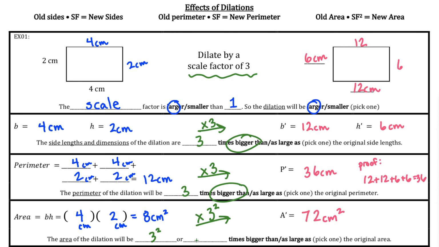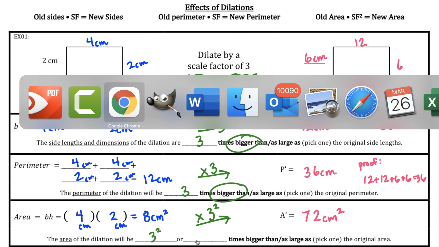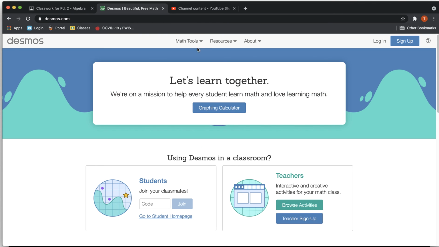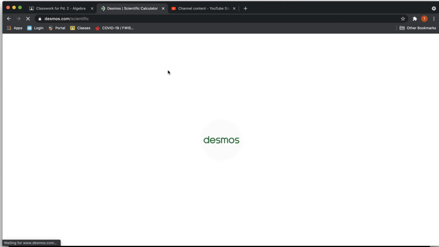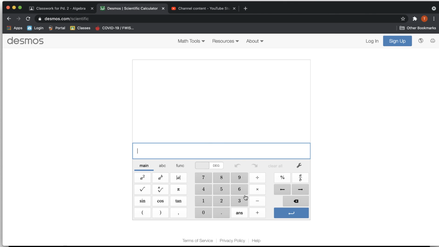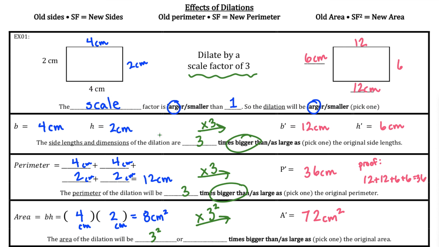Let's go to the scientific calculator and do 3 to the second power, or just 3 times 3, and you get 9.